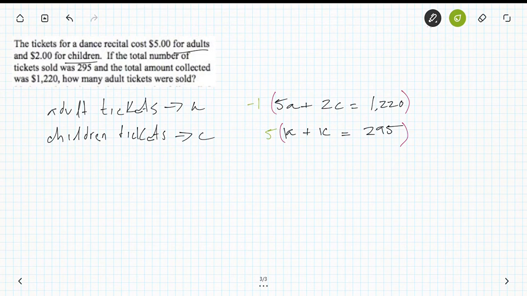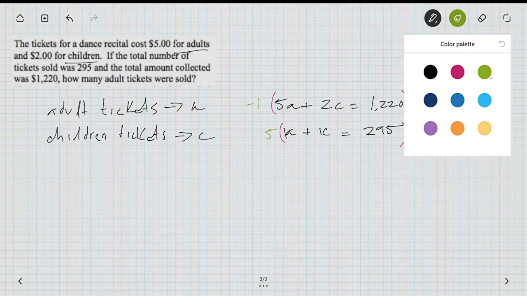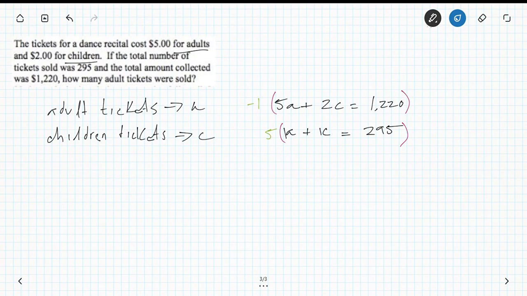Okay, so what happened here? I grabbed the 1 for the second line and I put it on top as a negative, and then I grabbed that 5 on the first line and I put it right outside the parentheses, in front of the second line. Now what I'm about to do is distribute.